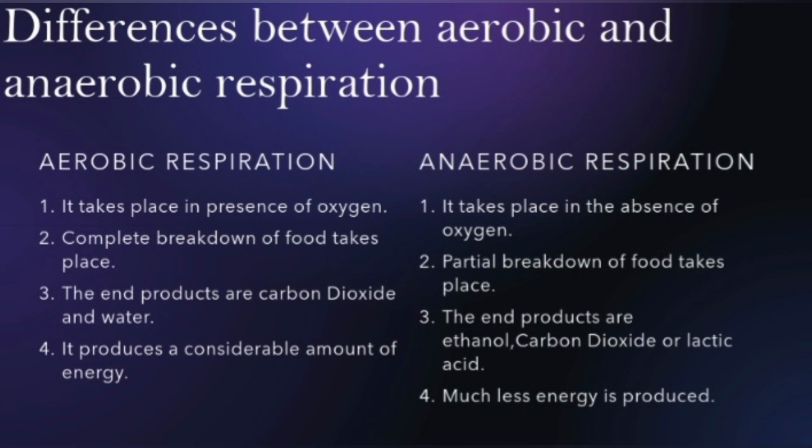The end products in aerobic respiration are carbon dioxide and water, whereas the end products in anaerobic respiration may be ethanol and carbon dioxide or lactic acid. Aerobic respiration produces a considerable amount of energy, whereas in anaerobic respiration, much less energy is produced. So these are the differences. It is a very important question, as you know. So you can write down in your copies.